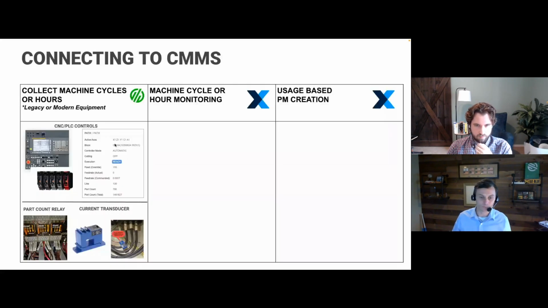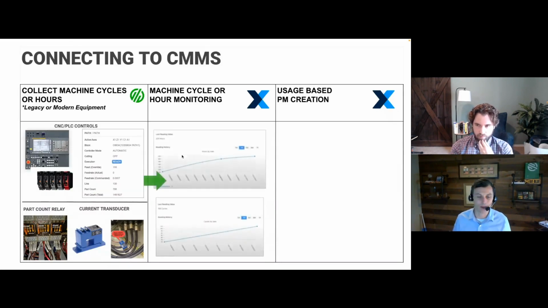Another example that is hugely beneficial is monitoring machine cycles or hours, whether that's legacy equipment or modern equipment. For modern equipment, we're talking about PLC and CNC controls. For legacy equipment, we're talking about sensors that can be put on, such as a current transducer over a motor lead or a spindle lead, and tapping into relays as inputs to measure cycles and hours accrued against a machine.